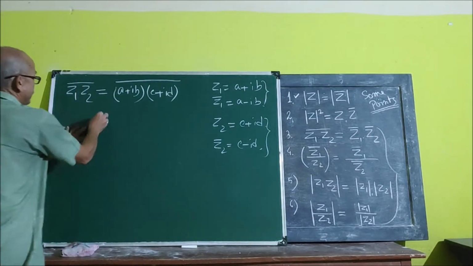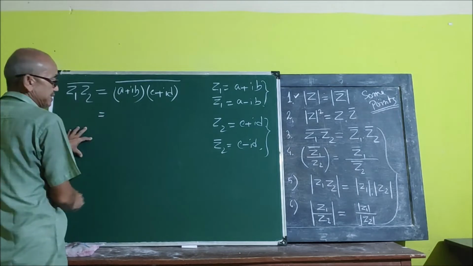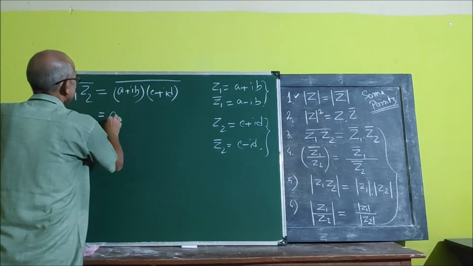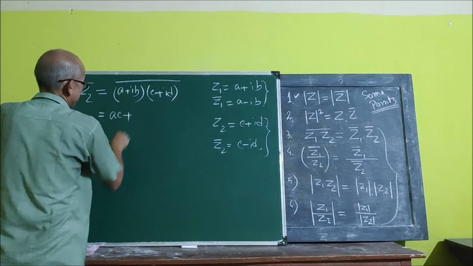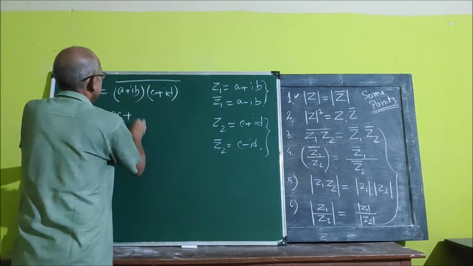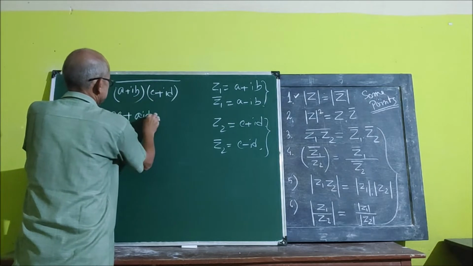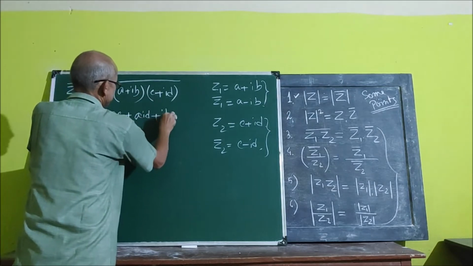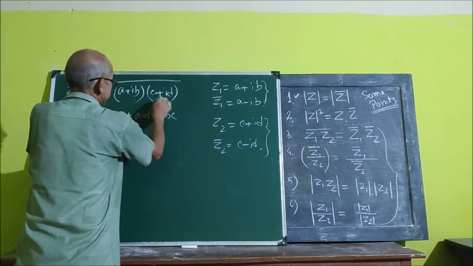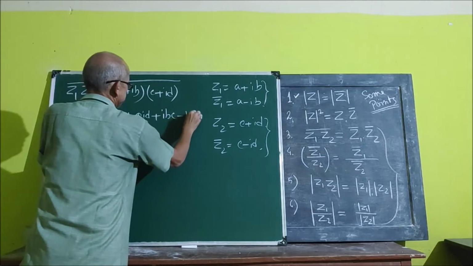When we multiply it, we get ac plus aid plus ibc plus i square bd, that is, ac minus bd.